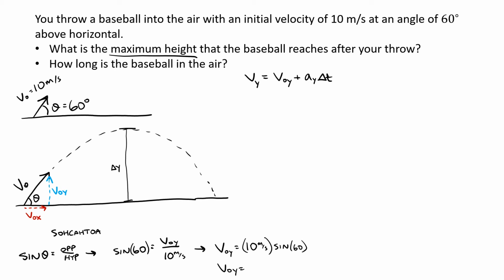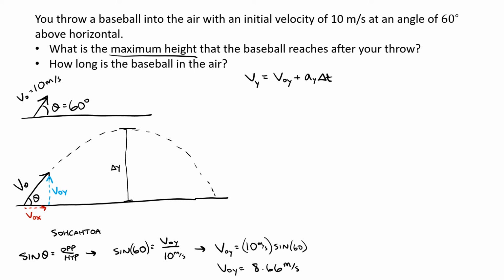I don't have that pre-done, so let me do that right now. Sine 60 times 10, we have 8.66 meters per second.